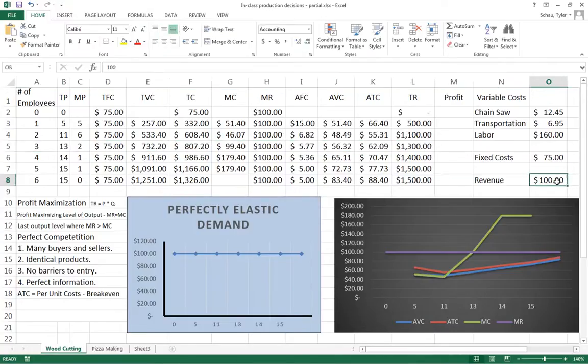I'm making $37.91 on every unit or cord of firewood that I produce. So I know I'm going to be profitable at that level.